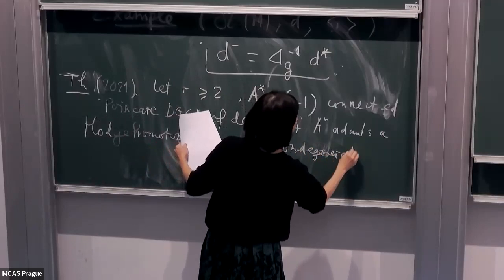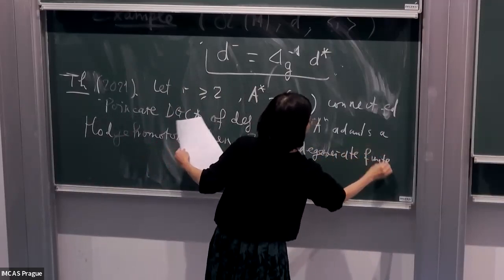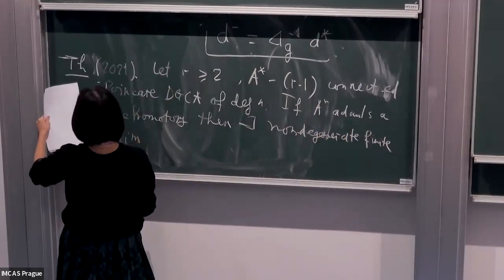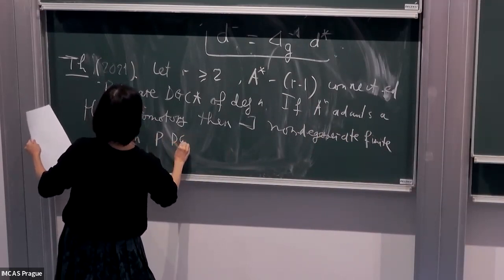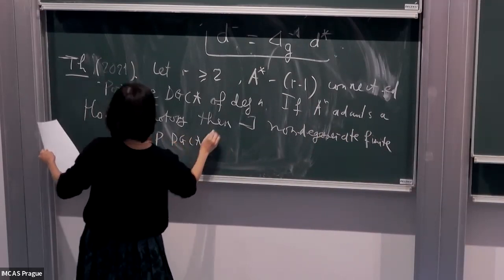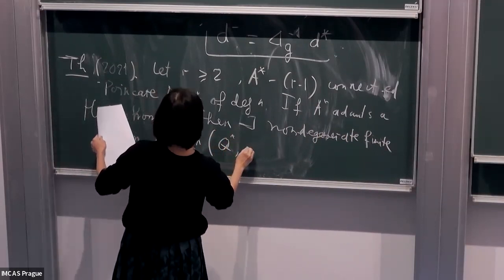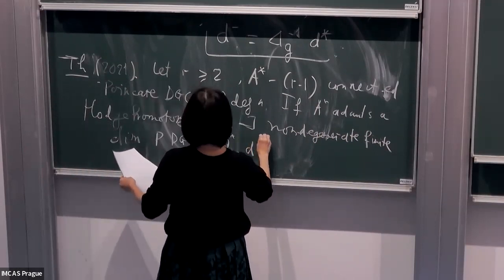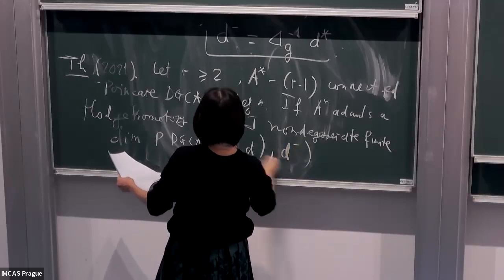And a very important finite dimensional Poincaré differential graded commutative algebra, which I denote by Q, also admits a Hodge homotopy, and therefore you have the d minus here.